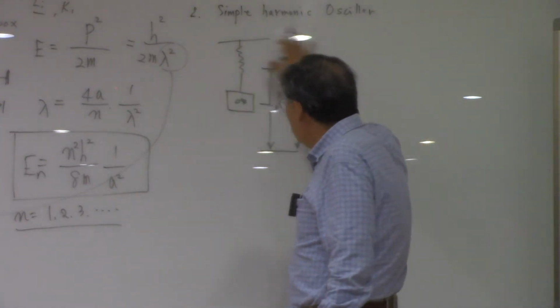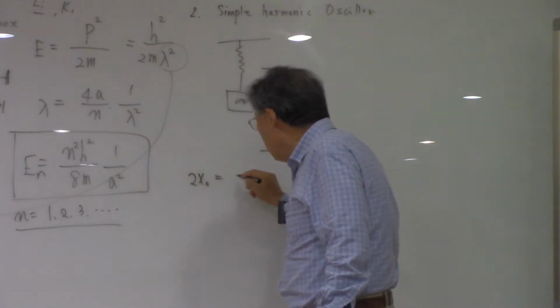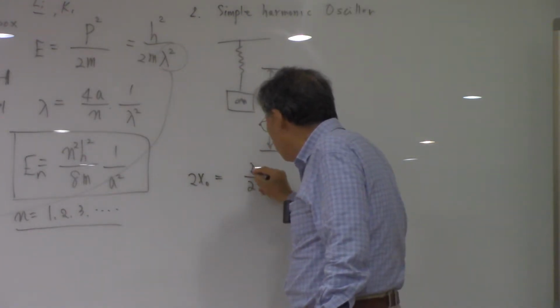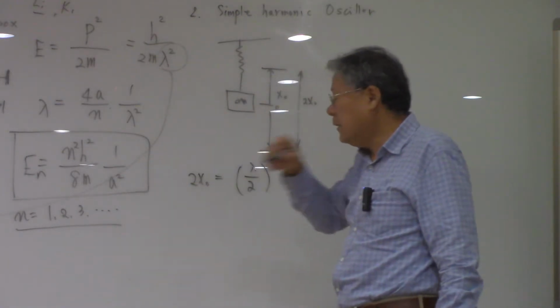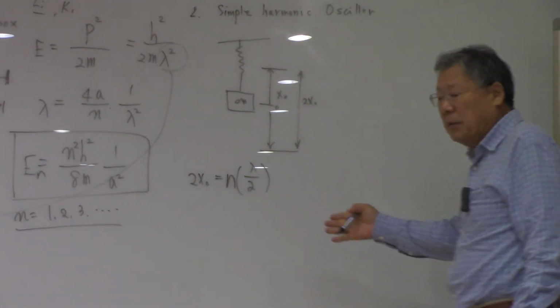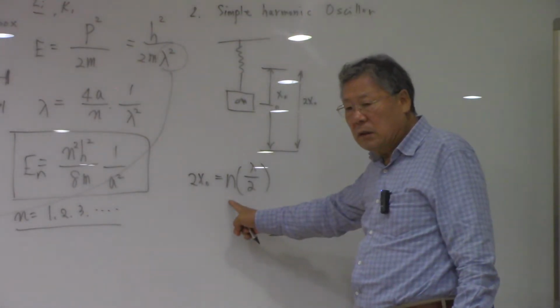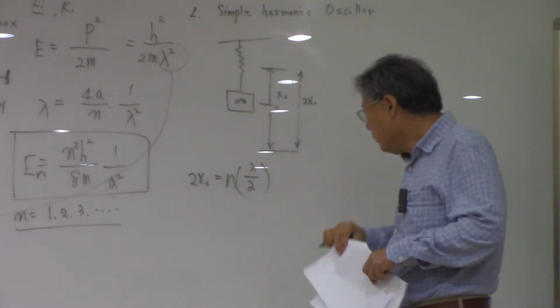Then here in this case, 2x naught is the confinement or quantization condition. It should be corresponding to the digital number, right?